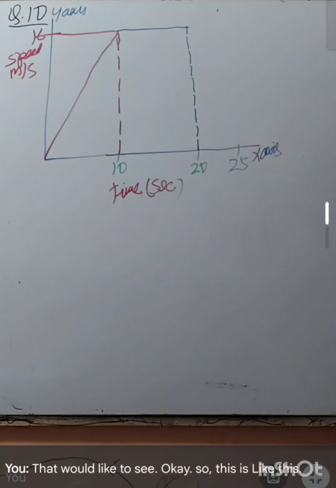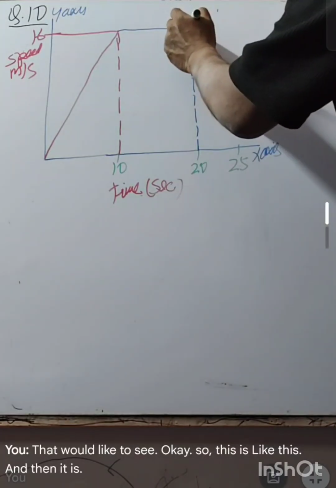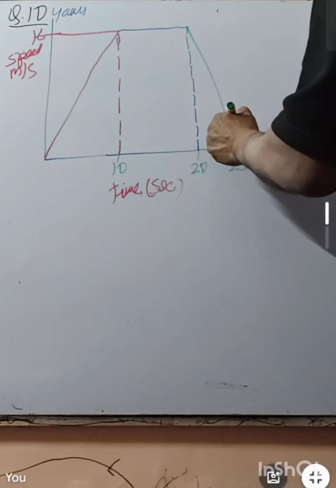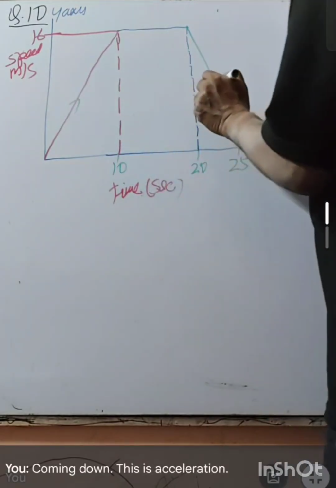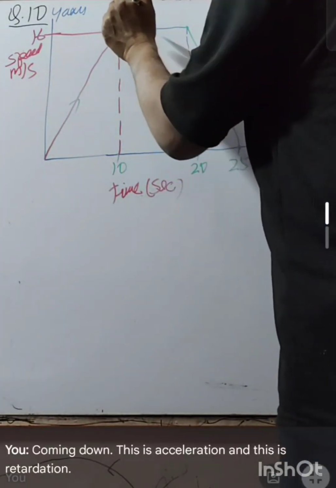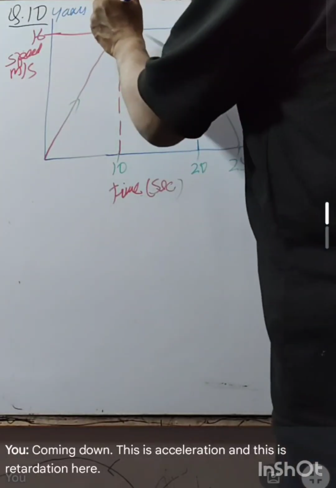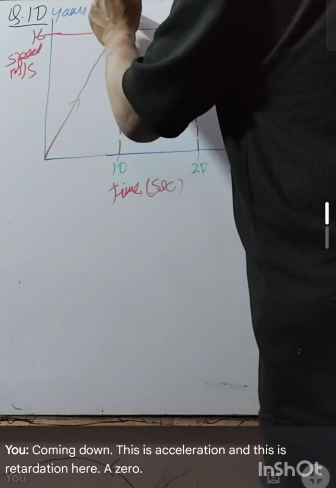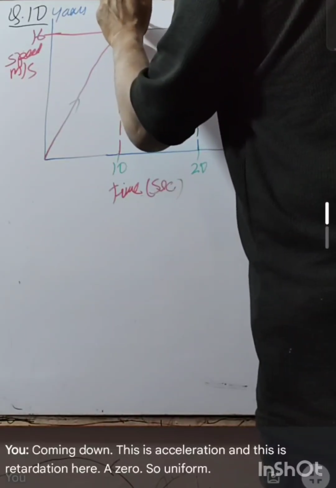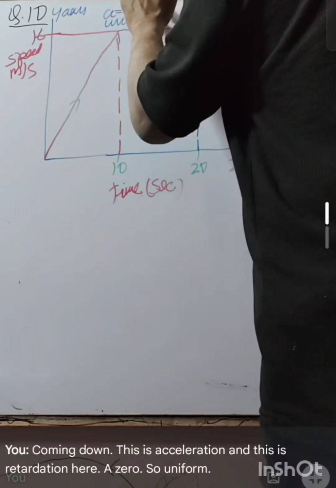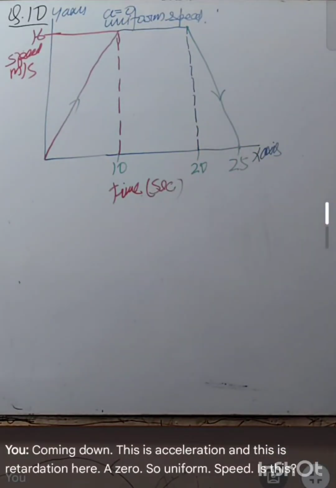And then it is coming down. This is acceleration. This is retardation. Here it is uniform speed.